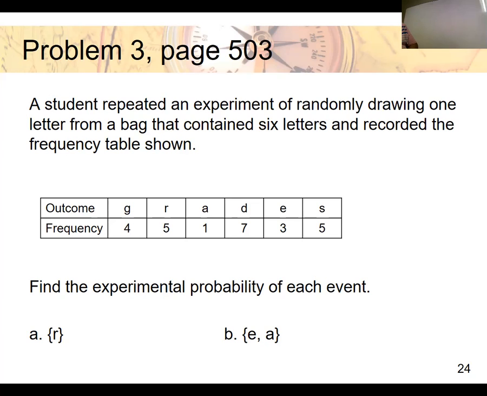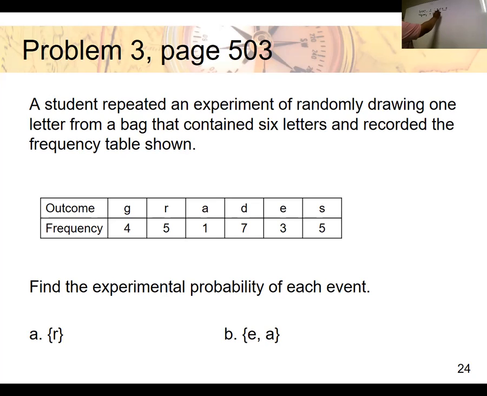So here we want to find the experimental probability of each event. Okay, so G was 4, R is 5, and A is 1.